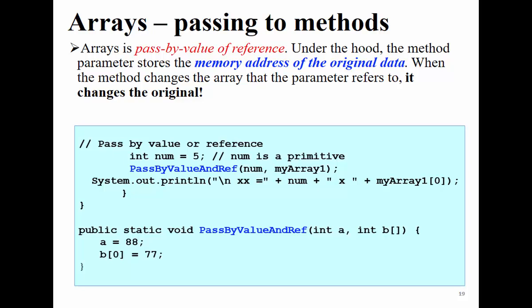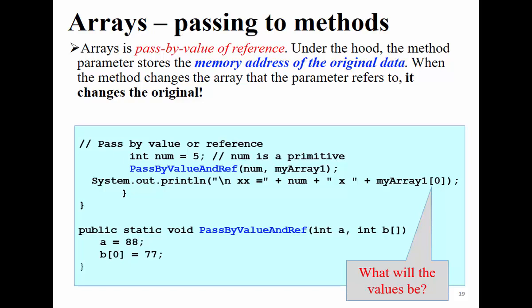Inside this, it returns void, it's static, and inside it we change the value of a. a is a local variable, but b[0] = 77. b is actually an object, so we access the first element of the array and change it to 77. Did you see that difference here? We're passing the primitive type by value, the actual value of a primitive type. But an array is actually an object.